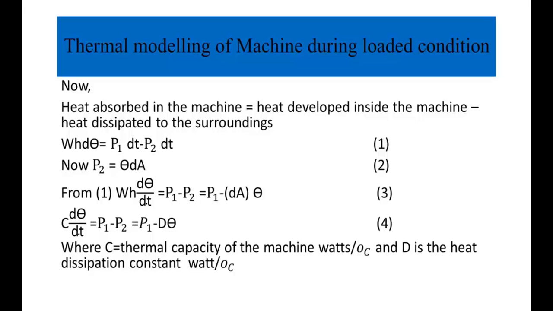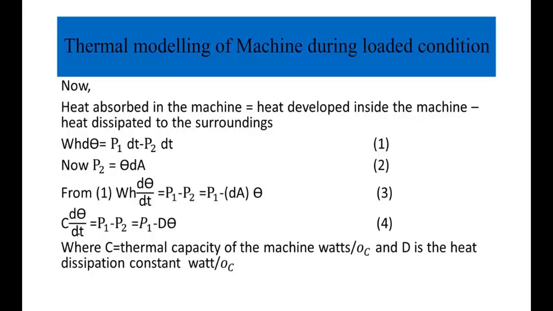Now we can also write P2 is equal to theta into D into A. D is the specific heat of dissipation, and its unit is joule per second per meter square per degree centigrade. If the specific heat of dissipation is multiplied with area and temperature, it gives heat dissipation to the surroundings in joule per second, and when multiplied by dt, it gives the total heat dissipation to the surroundings. So equation 1 can now be modified: W into H d theta by dt is equal to P1 minus D A theta.